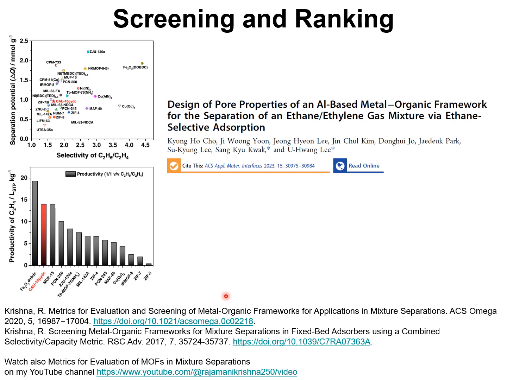Secondly, for initial screening and evaluation of MOFs, it is preferable to use the separation potential that is based on the shockwave model for fixed bed adsorbers. The selectivity is not an appropriate metric. A high selectivity of C2H6 to C2H4 does not guarantee a high productivity of purified ethene.